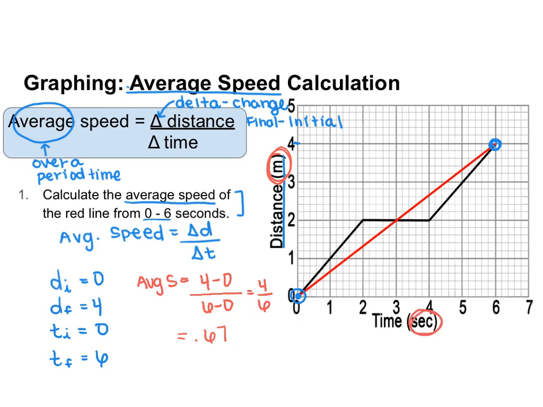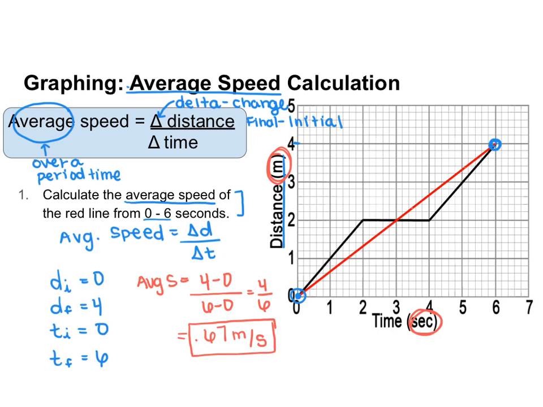So if I'm doing distance divided by time, this is meters per second. Okay, so for this red line, we were going 0.67 meters per second. And I know because the red line is just a straight line that at every point on the line, if I calculated the speed I was going, it would be the 0.67 meters per second.